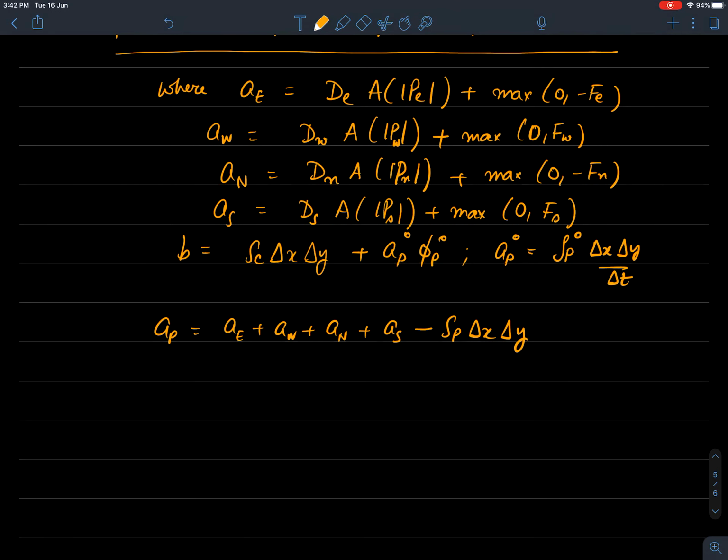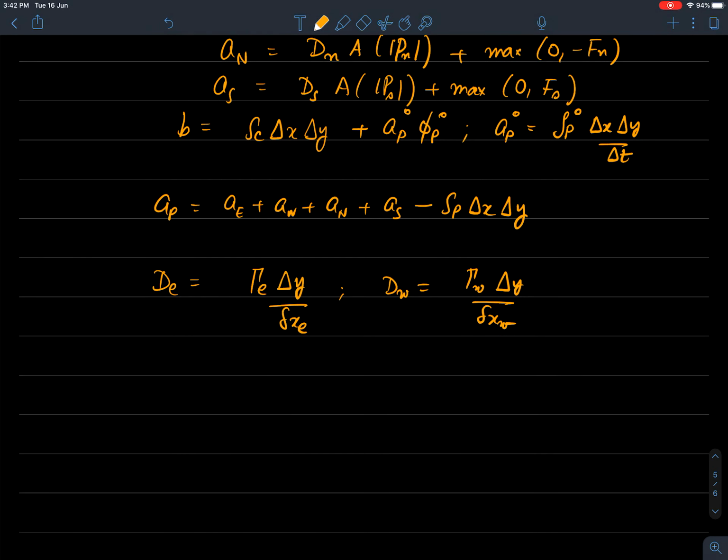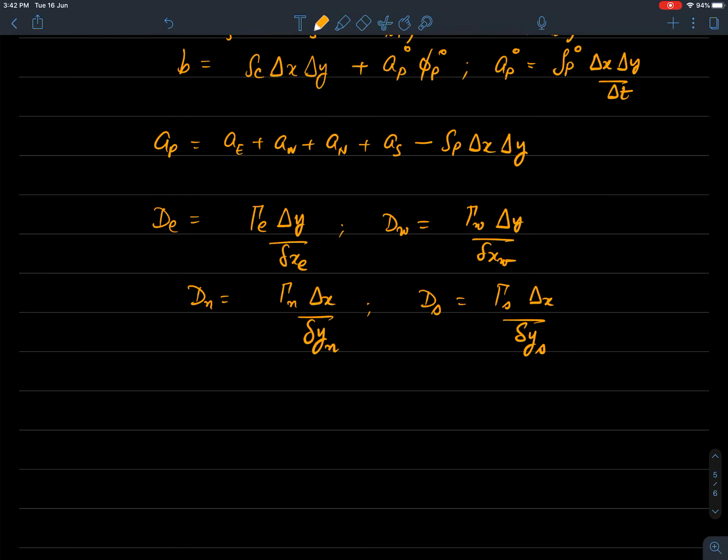Now note that dE, which is the diffusion conductance, would be gamma e into delta y by delta xe. And dW will be gamma w into delta y by delta xw. dN will be gamma n delta x by delta yn, and dS will be gamma s delta x by delta ys.